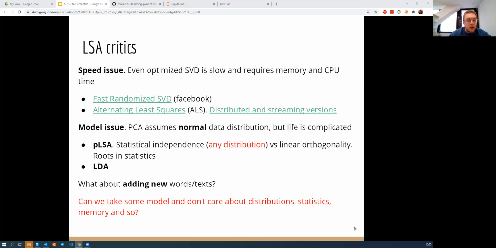So you can always find the direction, which is called the principal component, the vector along which the elements are distributed normally. But unfortunately, this is not true.